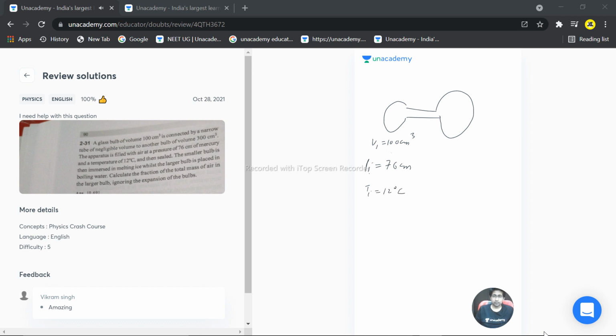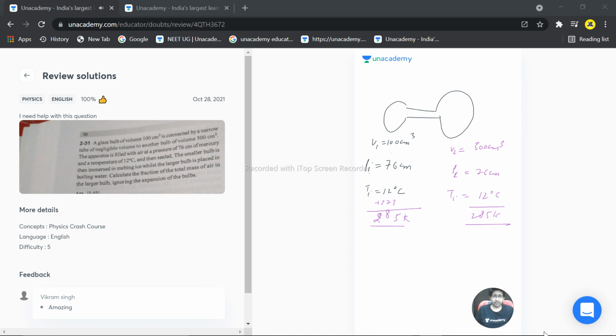Now we need to convert this into Kelvin, so we'll add 273. This becomes 285 Kelvin. And the volume for the other bulb, I'm calling this V2, is 300 centimeter cube, given in the question. The pressure is 76 centimeter of mercury, and the initial temperature is 12 degrees Celsius, means 285 Kelvin.